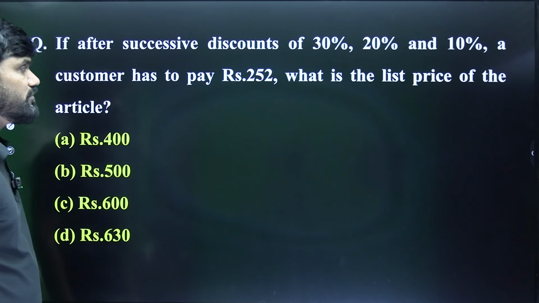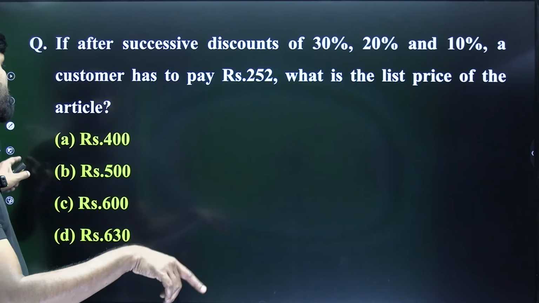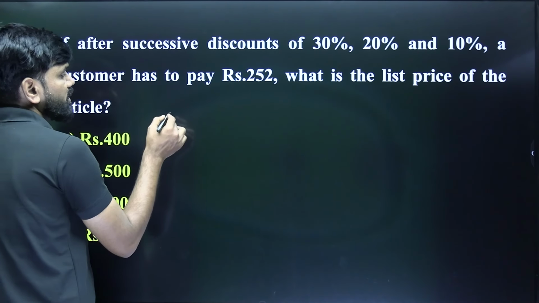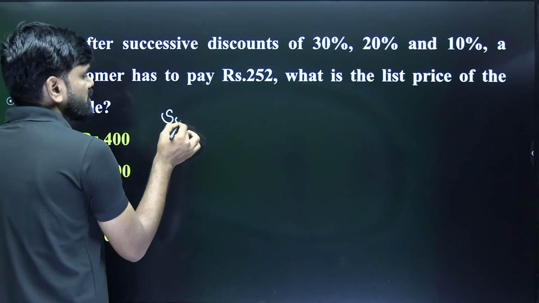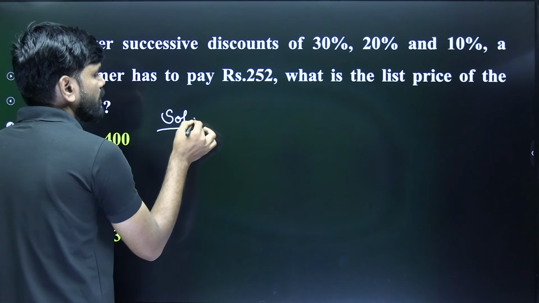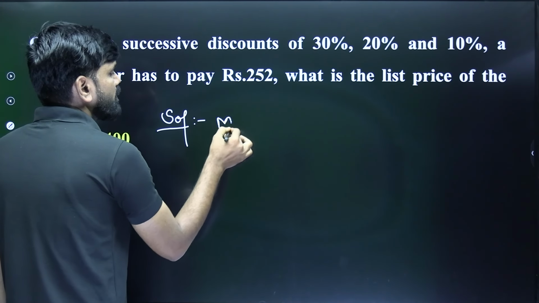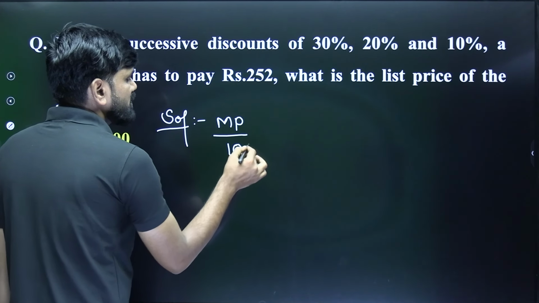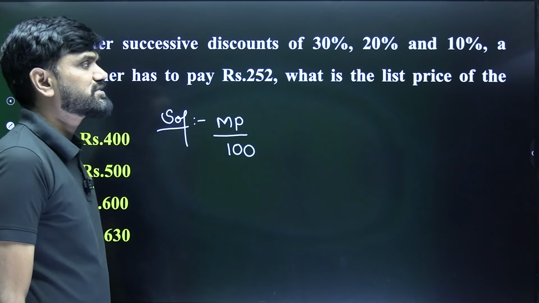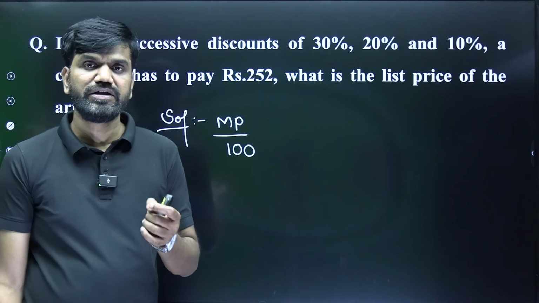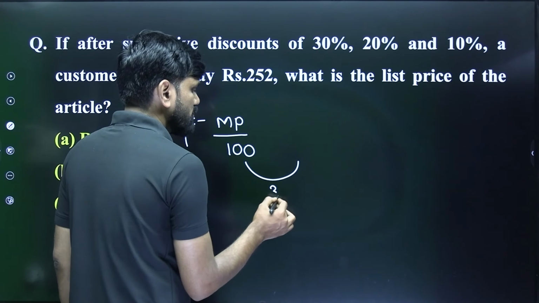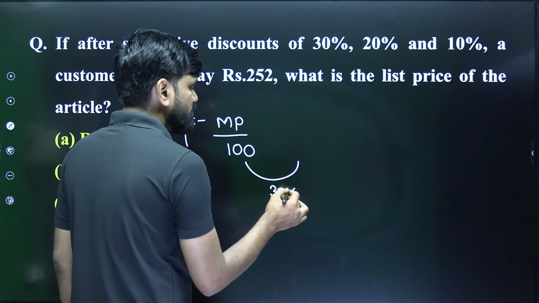Next. If after successive discounts of 30, 20 and 10, a customer has to pay 250 as the final price they have given, what is the list price? So market price they are asking you for. If the market price is 100, after 3 successive discounts of 30, 20 and 10, 30% discount is given first.